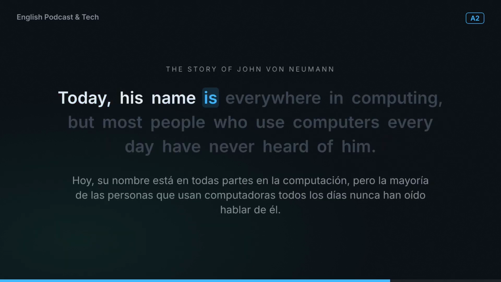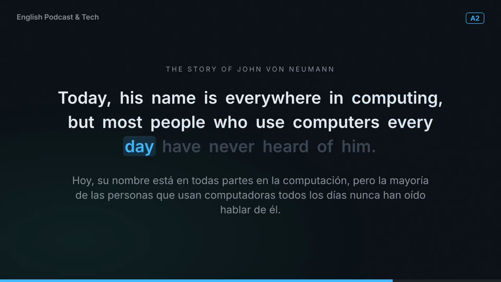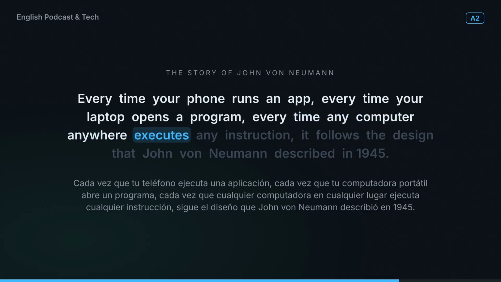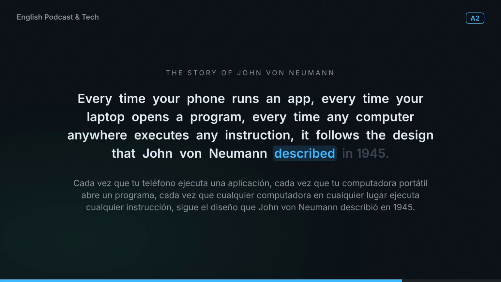Today, his name is everywhere in computing, but most people who use computers every day have never heard of him. Every time your phone runs an app, every time your laptop opens a program, every time any computer anywhere executes any instruction, it follows the design that John von Neumann described in 1945.